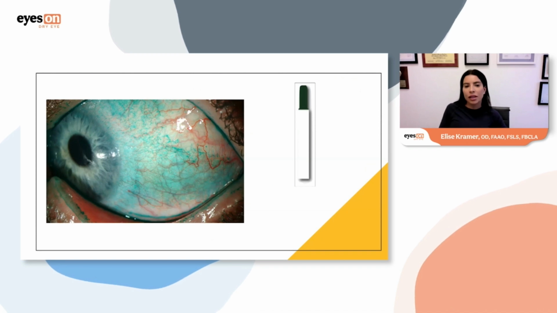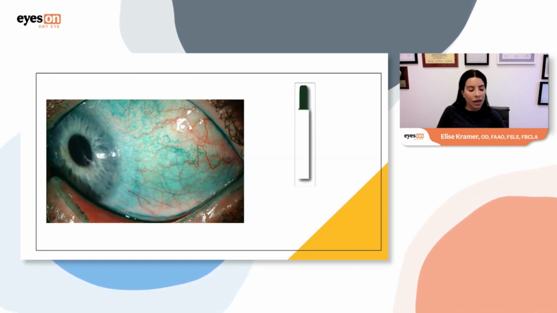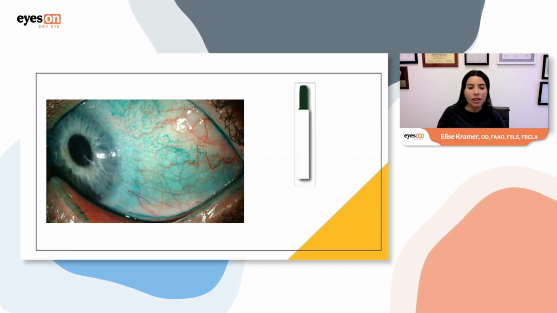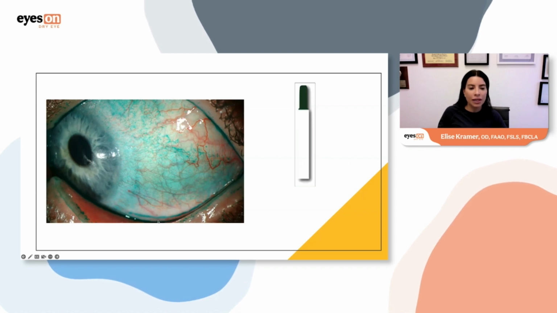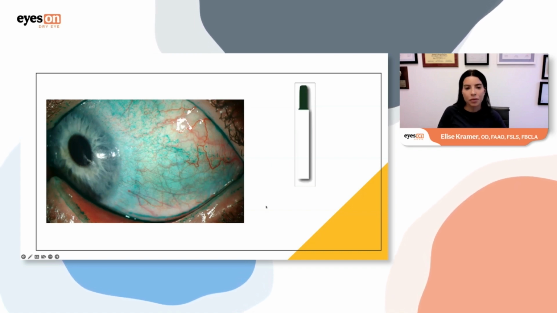So lissamine green is something that I also use for diagnostic purposes very often in order to stain the conjunctiva. It's excellent because it will show dead and devitalized cells on the conjunctiva. You can also see the lid wiper epitheliopathy here at the bottom, which we know indicates a more severe kind of dry eye, which indicates a lot of friction between the palpebral and bulbar conjunctivae.